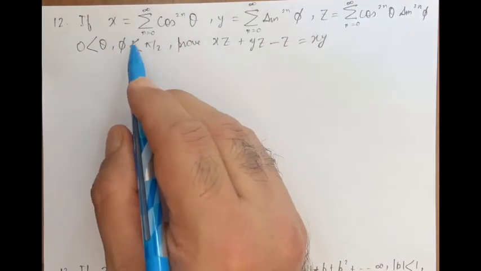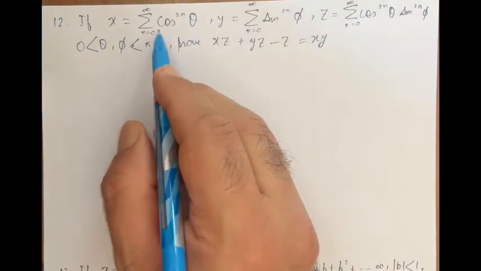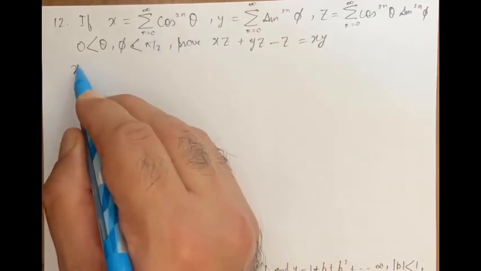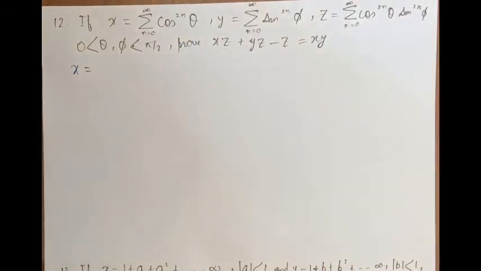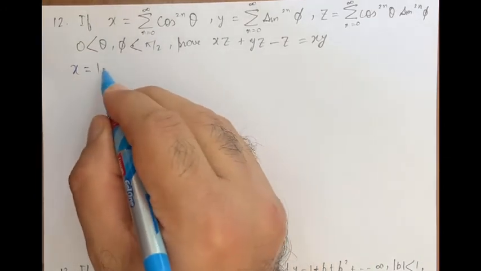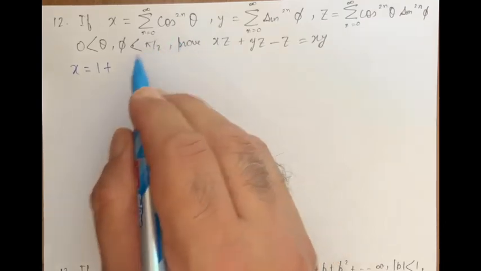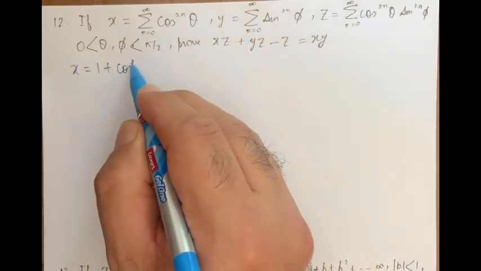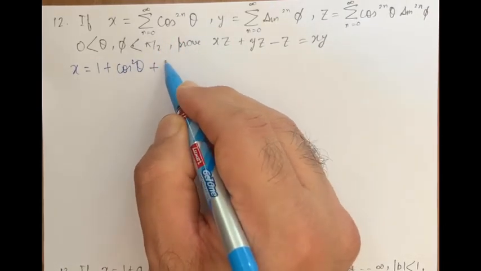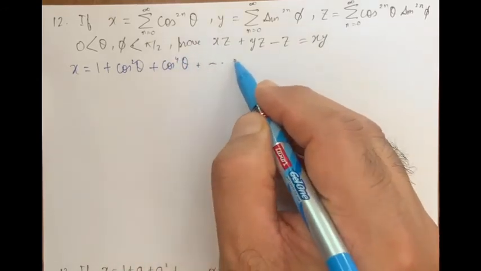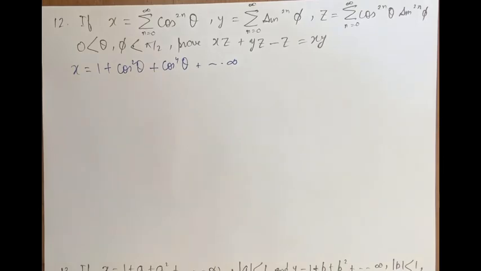We are given x is sigma n equal to 0 to infinity cos to the power 2n theta. So x is, we put n equal to 0, this will be 1. Then we put n equal to 1, this will be cos square theta. Next will be cos to the power 4 theta, and so on up to infinity.